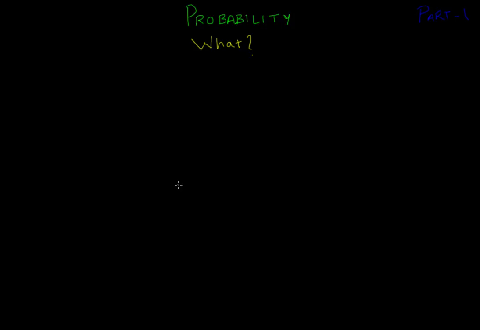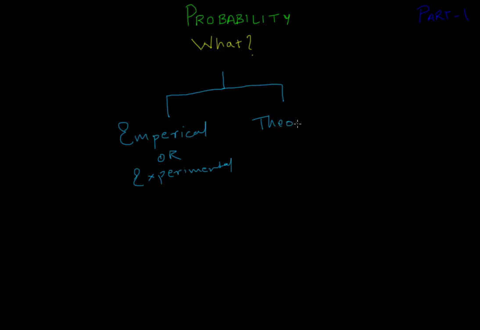So, what you're going to learn this year is empirical probability. Probability has two types. First is the empirical or experimental probability, and the other one is the theoretical probability.